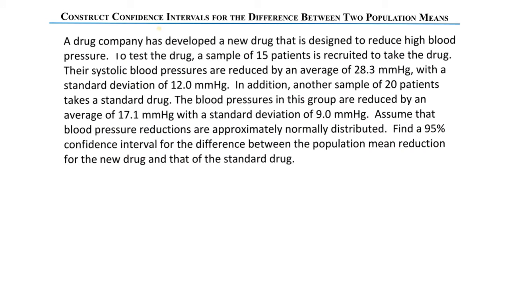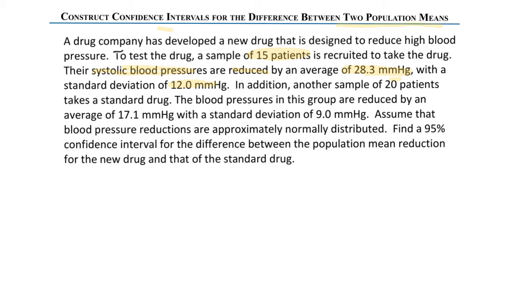Example on constructing a confidence interval for the difference between two population means. A drug company has developed a new drug that is designed to reduce high blood pressure. They take a sample of 15 patients and give the new drug, and it shows that their systolic blood pressure reduces by an average of 28.3 millimeters of mercury with a standard deviation of 12 millimeters of mercury.